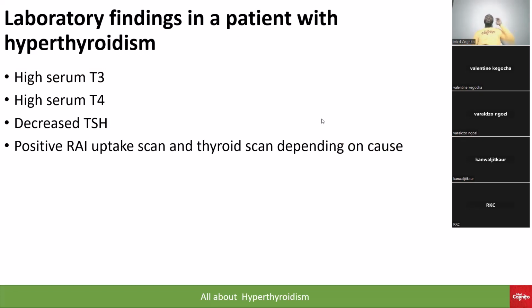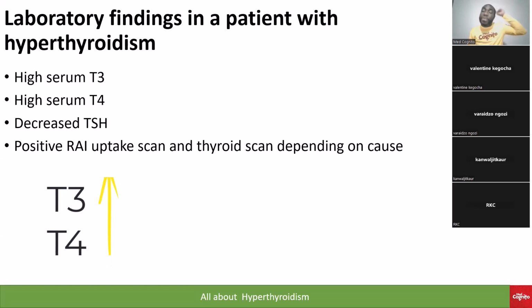Now, if you do your laboratory investigations, the question is, what will you see? Remember we talked about the TRH, TSH, and free T3 and T4. In a patient with hyperthyroidism, thyroid hormones are high. The T3 and T4 will be high.